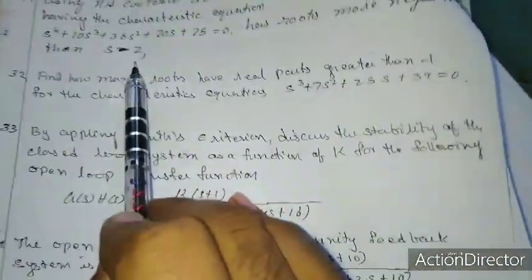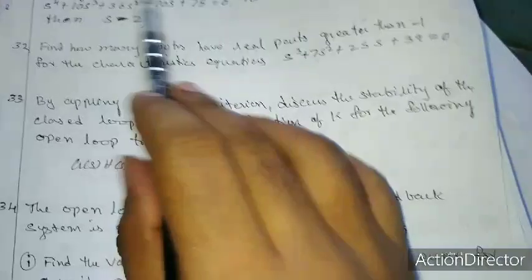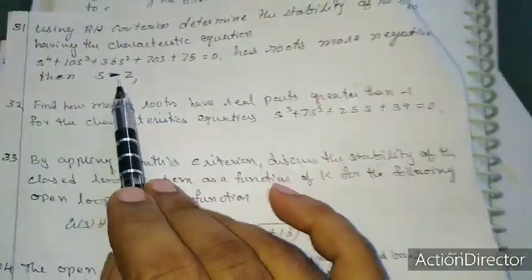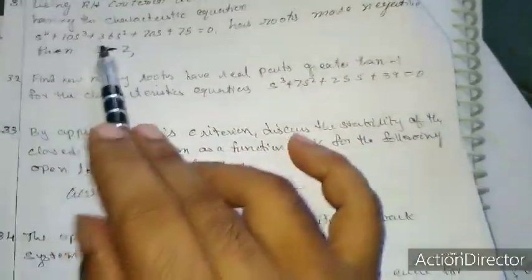Similarly, this is for the Routh stability criterion. They give s minus 2. You substitute z minus 2 in this place and find out the roots, whether the roots of the characteristic equation are more negative or not.